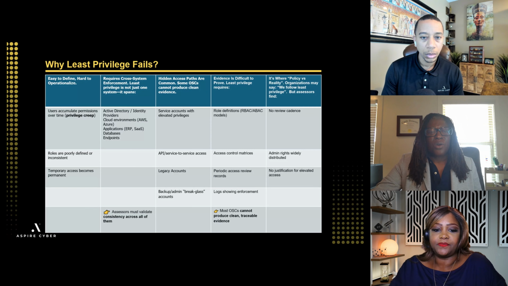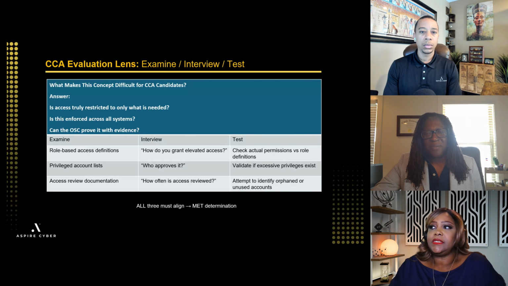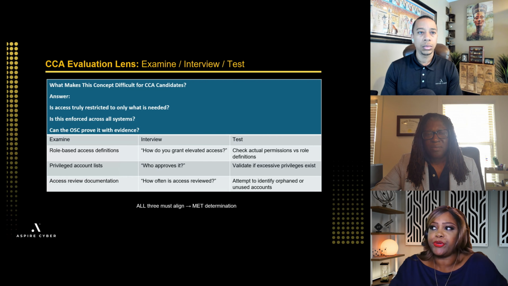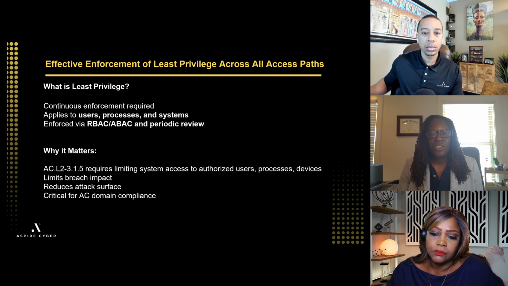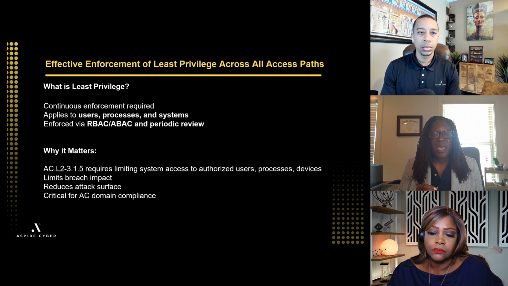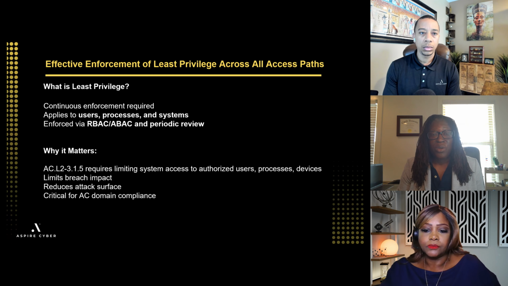I have a question. So, what is the biggest risk when least privilege is not properly implemented? The biggest risk, I would say, is you're now opening that organization up to a lot of attacks. You can have spoofing attacks. You can have man in the middle attacks.